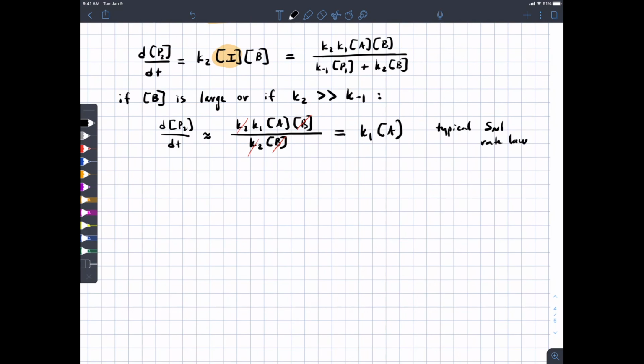And what this situation predicts is what are called saturation kinetics.